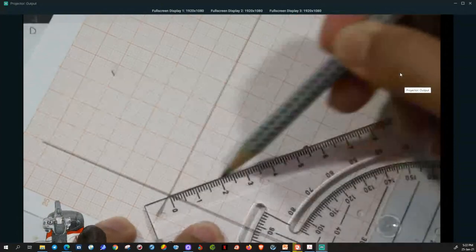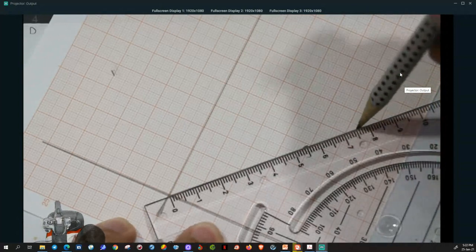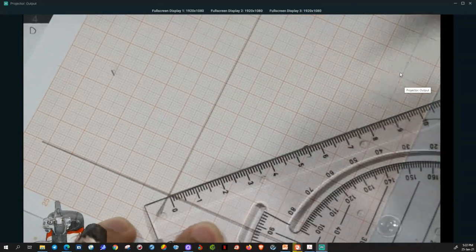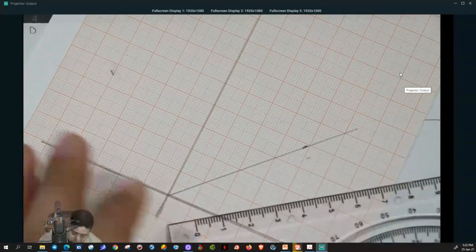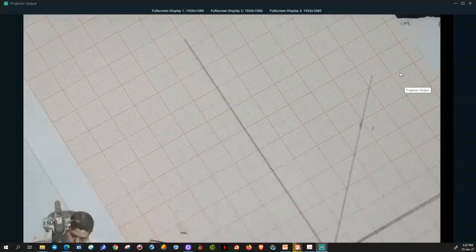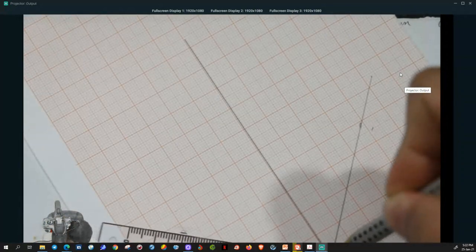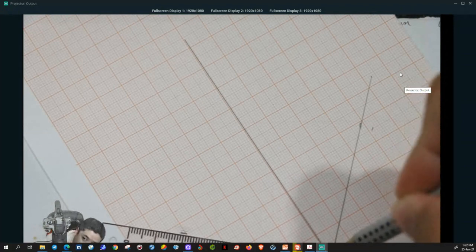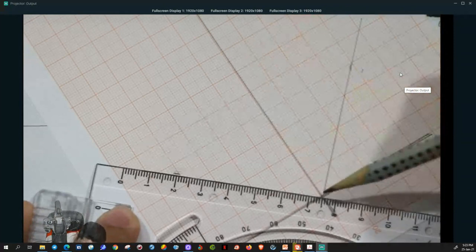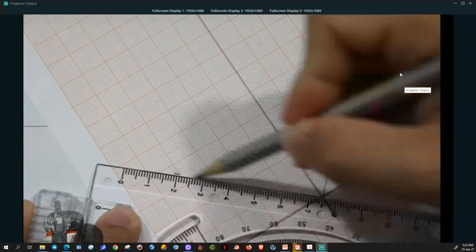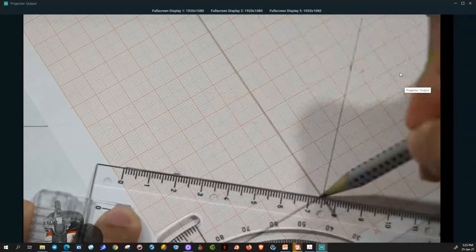So draw 7.5 centi up to there. Okay, that's your T1. T2, sorry, 7.5 centi. Okay, so let's move it up. T2, 7.5 centi. So now you have T1 and T2.